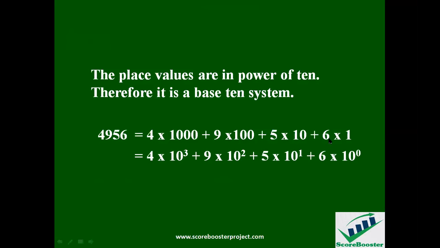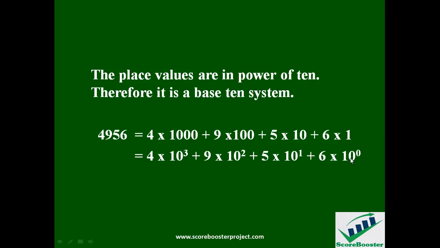Now, this one that we have, 6 times 1. You can't leave this one like this because they've already instructed us that everything has to be in power of what? In power of 10. So this means that the 1 we are having here has to be converted to 10 as well. Now, it's going to be 6 times 10 raised to power 0. This simply means any number that is raised to power 0 is going to give you 1.